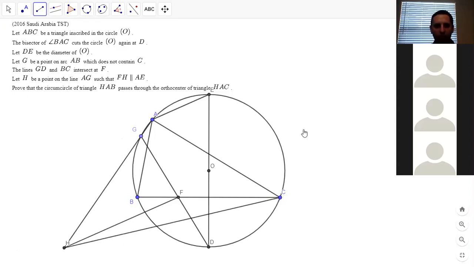Because that is just another way to say that angle HBA is equal to 180 minus HCA. Yeah, because the reflection of the orthocenter over the side lies on the circumcircle. That's a good point. So if we know that HBA is 180 minus HCA, then that proves it. I like that. Because working with that random orthocenter doesn't look very good. Yeah, I agree. All right, so I like that idea.